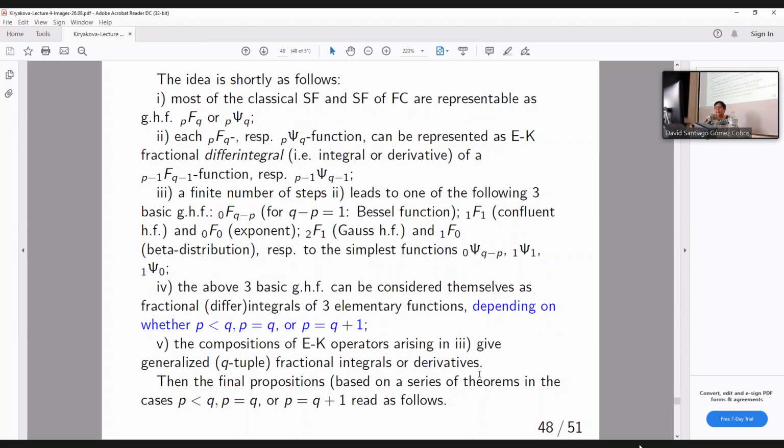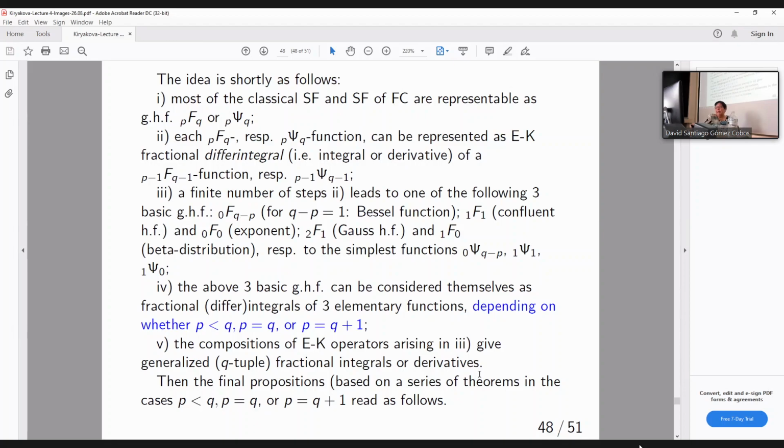And for the Bessel kind of functions, when p is less than q, when the difference is 1, the function we reach is 0F1. But in the hyper-Bessel case, it could be 0Fm with some positive index m equal to q minus p.